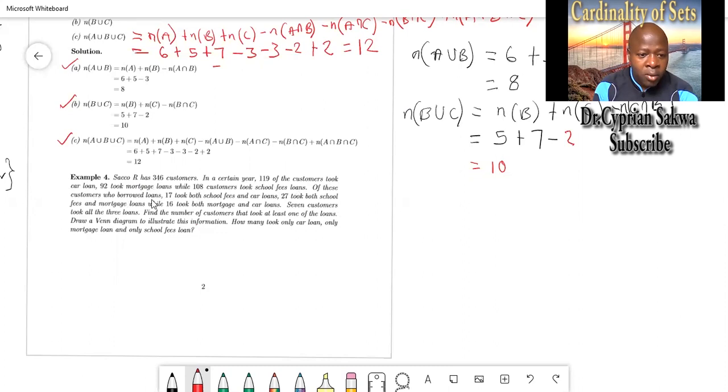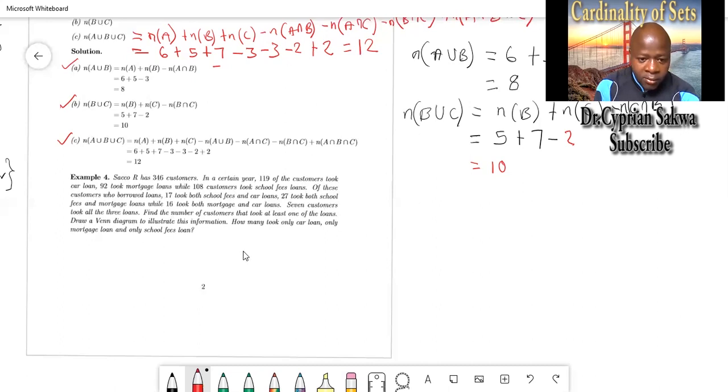Of these customers who borrowed loans, 17 took both school fees and car loans, 27 took both school fees and mortgage loans, while 16 took both mortgage and car loans. 7 customers took all the 3 loans. Find the number of customers that took at least one of the loans. And then lastly, draw a Venn diagram to illustrate this information. And then how many customers took only car loan, only mortgage loan, and only school fees loans.